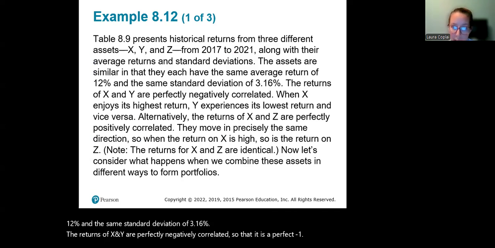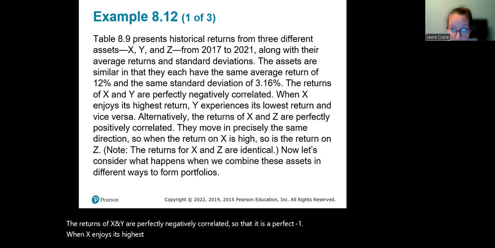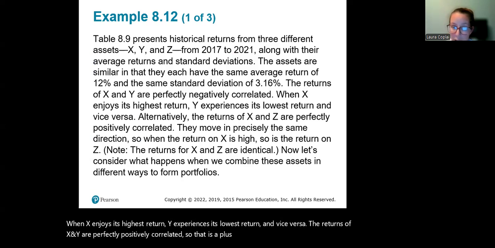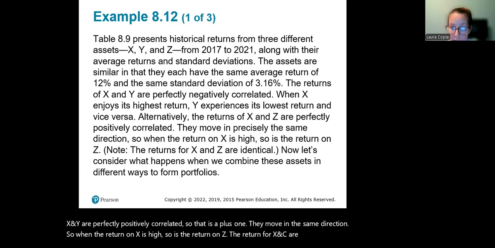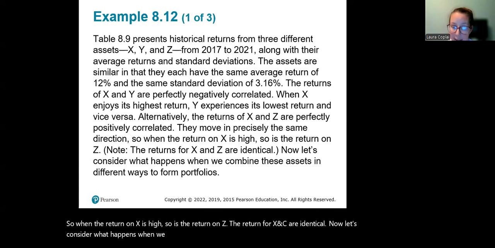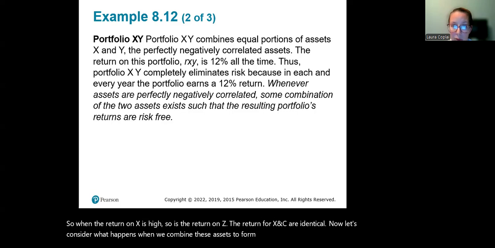When X enjoys its highest return, Y experiences its lowest return, and vice versa. The returns of X and Z are perfectly positively correlated, so that is a +1. They move in the same direction. So when the return on X is high, so is the return on Z. The returns for X and Z are identical. Now let's consider what happens when we combine these assets to form different portfolios.